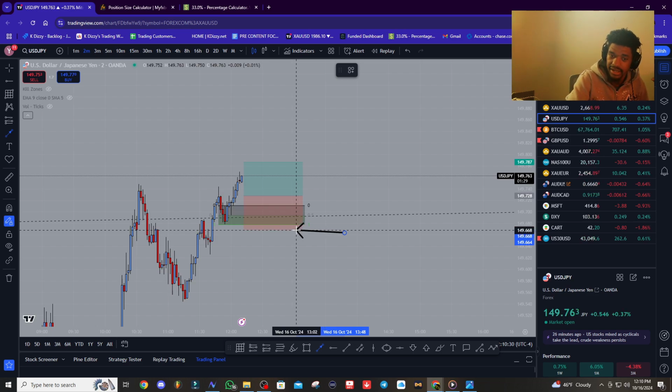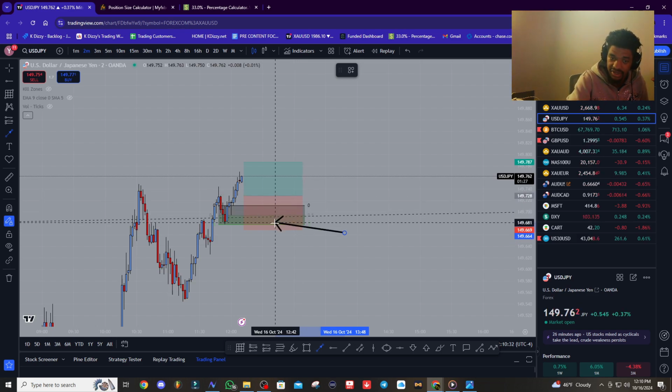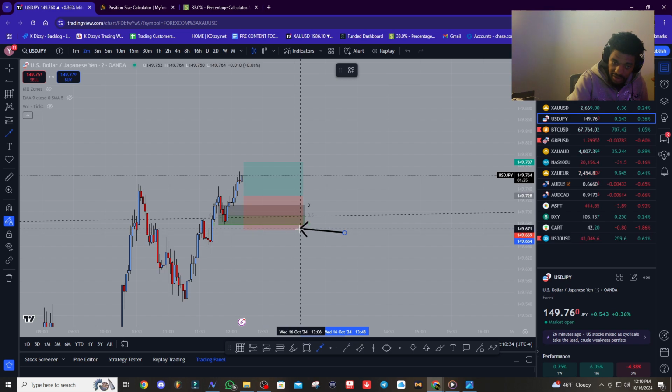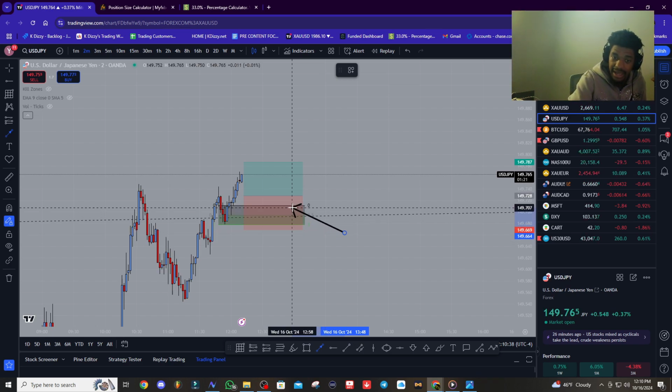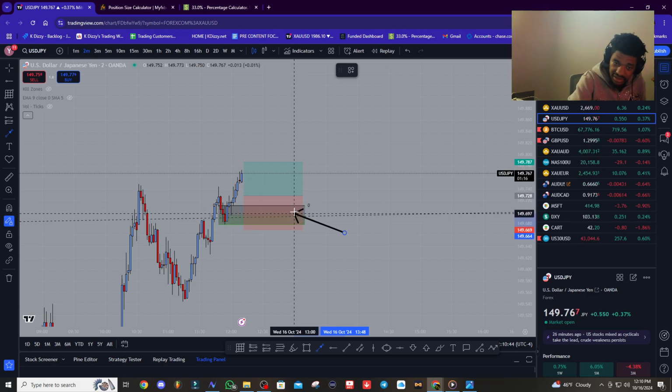So in between all this area before my stop loss, which I calculated before getting in this trade, I would be on the verge of losing $20. So I can close it out even before that. I could lose $10, $5, $2, $1. You know what I mean?